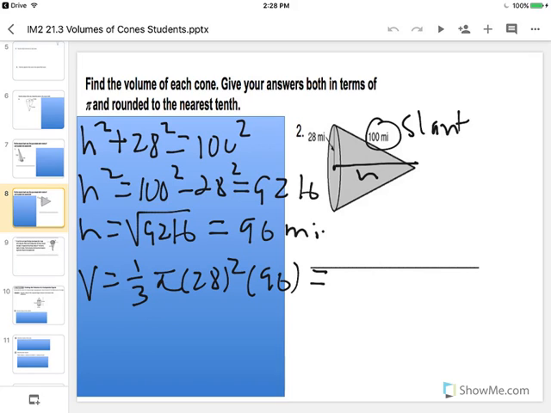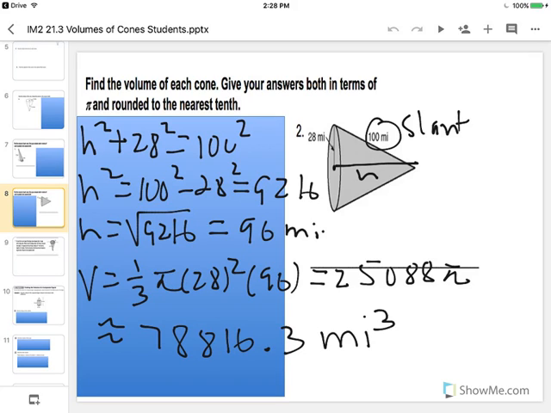So it would give us 25,088 pi. And then round this off to the nearest tenth. That gives us 78,816.3, and this is in miles cubed.